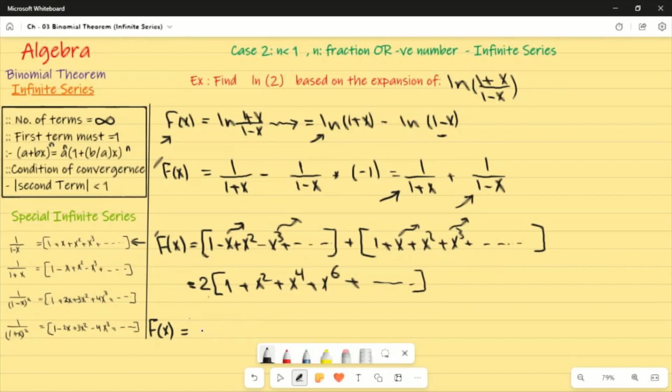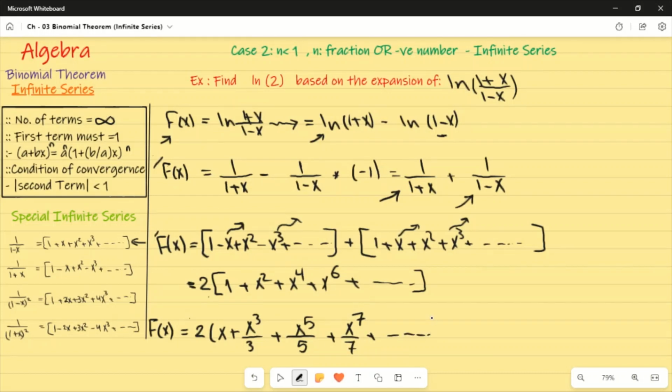So f of x here equals 2 times, the integration of 1 is x, plus the integration of x squared is x cubed by 3, plus x power 5 by 5 plus x power 7 by 7 plus the completion.